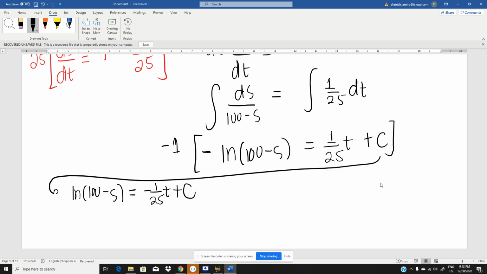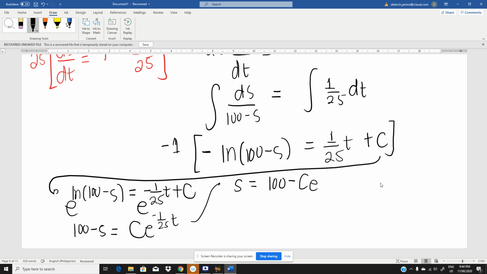And then taking the exponential of both sides, we will have 100 minus s is equal to c exponential of negative 1 over 25t. So as you can see, our general function, we will have s is equal to 100 minus c exponential of negative 1 over 25t.